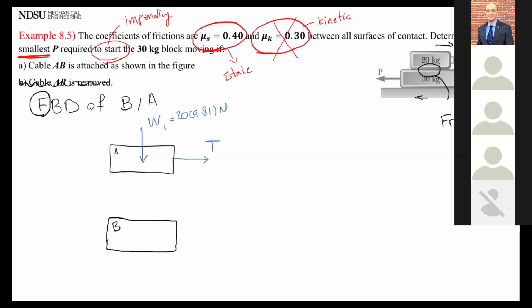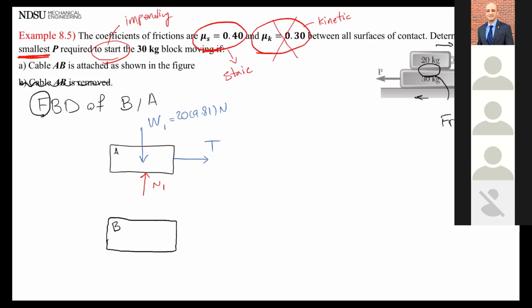Now we move on to reactive forces. What kind of reactive forces do I have? Normal force pushing up from B. Let's call that N1. What else? You have friction from B moving.